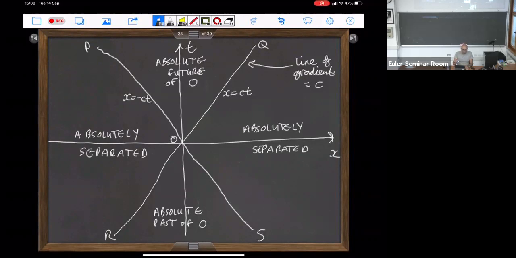And if you just consider the trajectory of any object in space and time throughout its history, it traces out a path in x and t, which we can call the world line of the particle. And at every point on that world line, you can draw the future light cone and the past light cone.